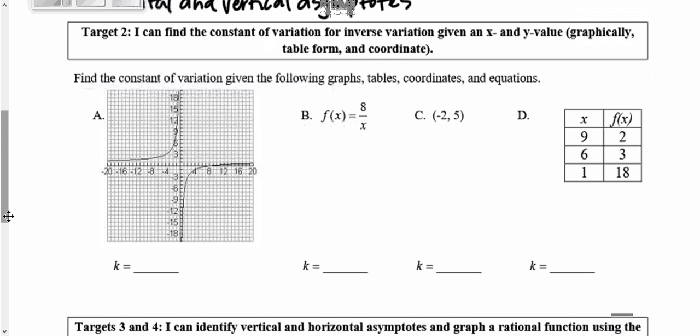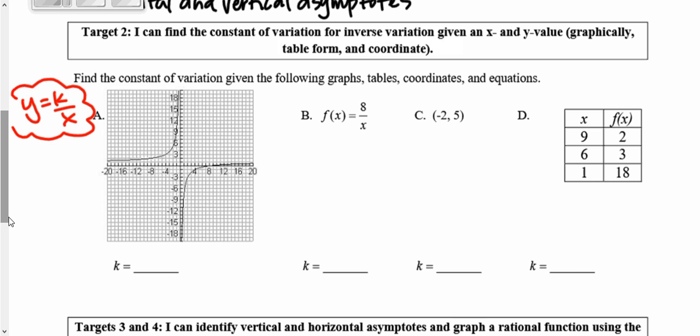All right, moving on to target 2, the constant of variation, so essentially the slope of a rational function. One way you can approach this target is through using this formula, y equals k over x. To use that formula from a graph, you're going to start off by picking a point that's on your curve.